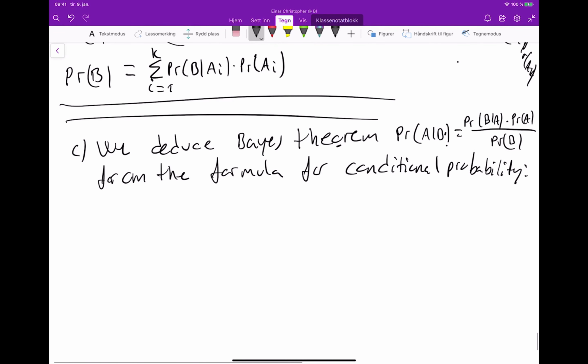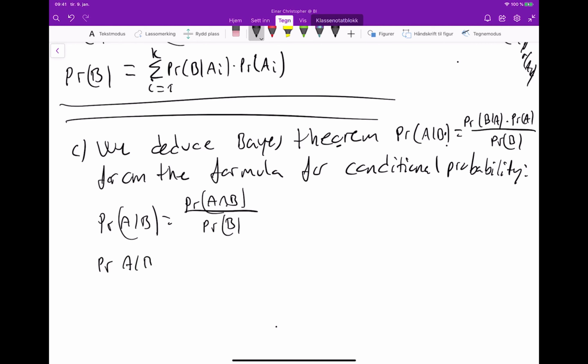So if that's possible, we have to start with the conditional probability, and we see what we are going to get. So I start with the conditional probability. The probability of A given B is given by a formula which is the probability of A and B divided on the probability of B.